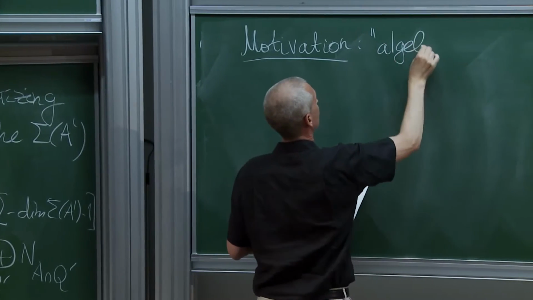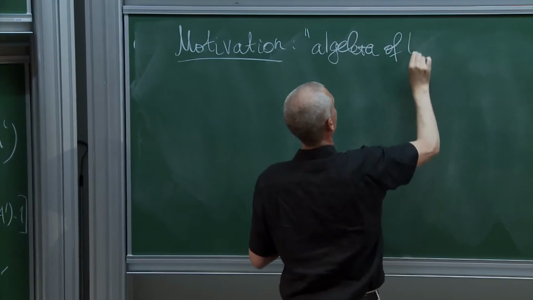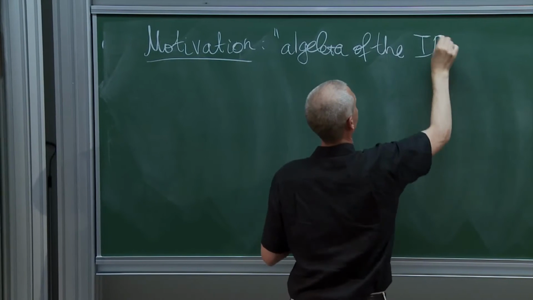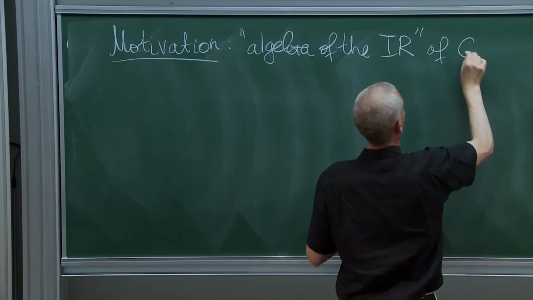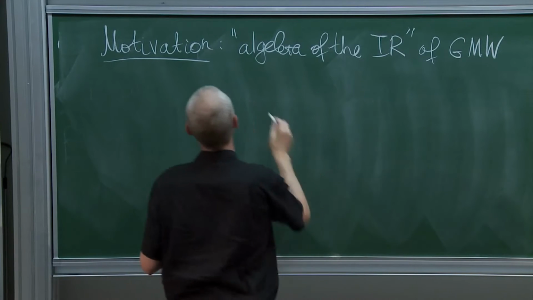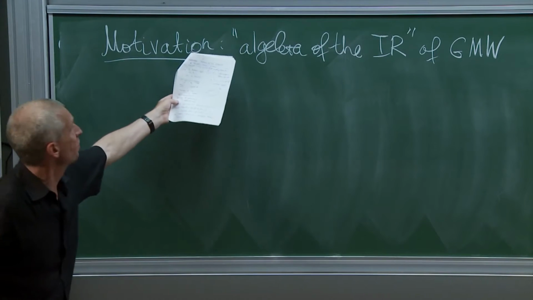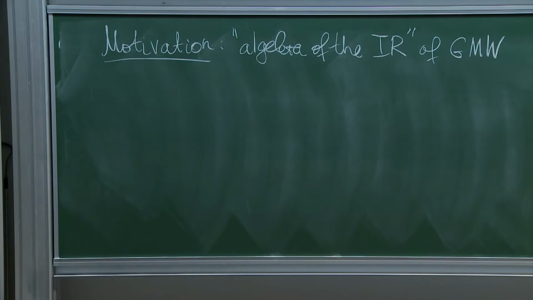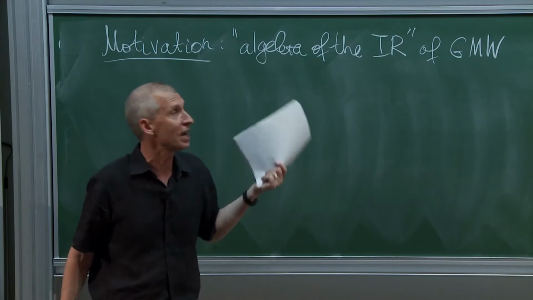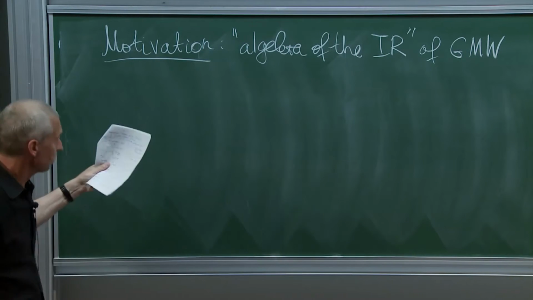The motivation will be in the algebra of the infrared of the Morse theory. So first of all, why the infrared in the first place? From general physical understanding, the infrared analysis corresponds to the study of the vacuum, or different vacua.